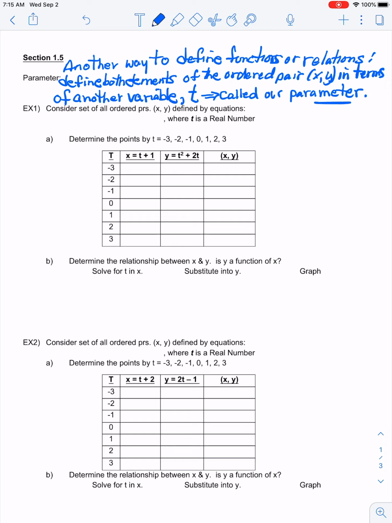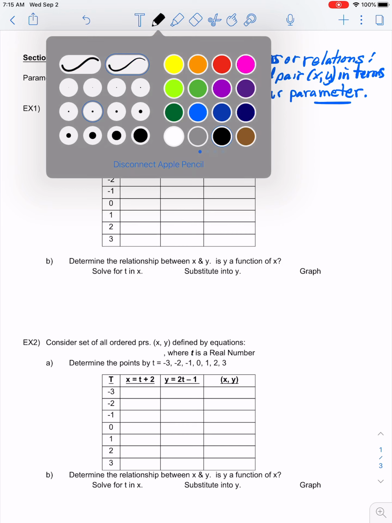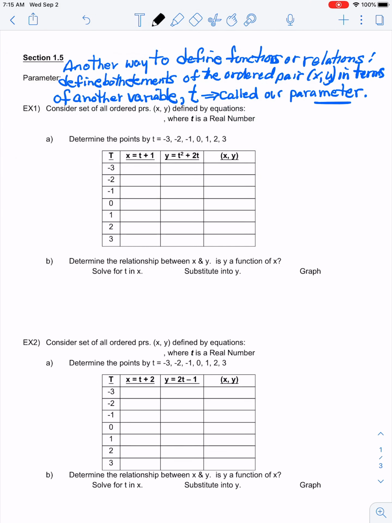All right, so we are going to do a little example here. Let's say, consider the set of all ordered pairs XY defined by the equations. Guess my equations didn't come on here. Might be helpful to know that. Okay, so let's put those on. You never know when you upload things.